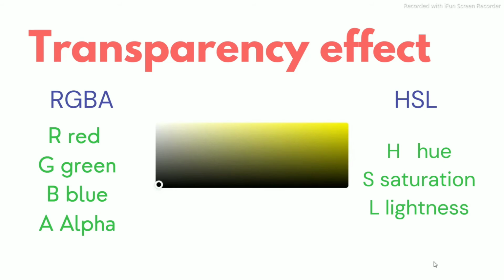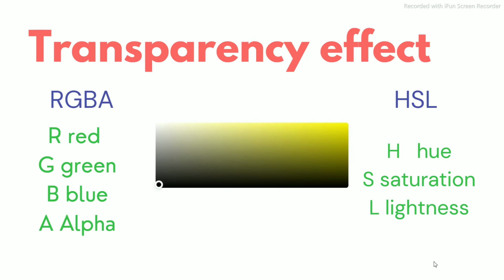This property is used to make any element in the HTML transparent. For the transparency effect, first we have to discuss RGBA. We have discussed RGB in the pixels. Now we are going to discuss the extra thing, A, which means the opacity of the color.